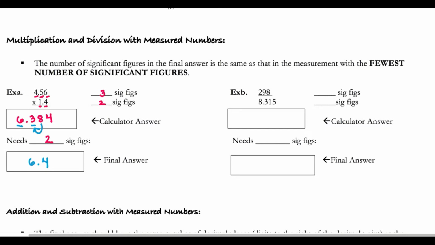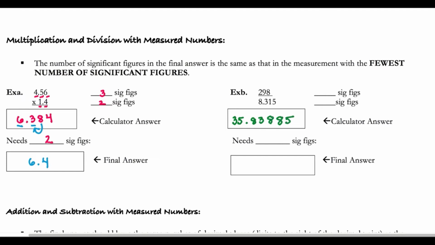Let's look at another example. 298 divided by 8.315. So I plug that into my calculator, and the unrounded answer I get, I'm obviously going to round a little bit in the interest of time, is 35.83885.